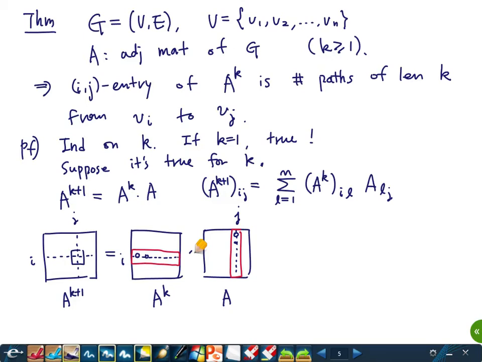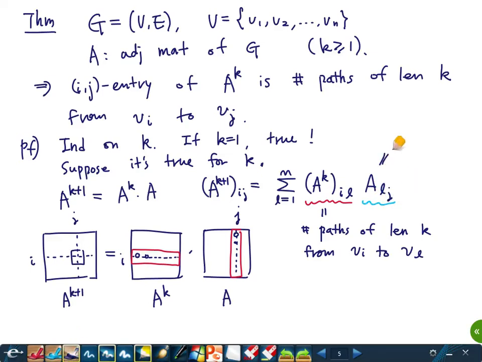All right, but what is this number, the iL entry of the matrix? This is a power of A, A to the k, and by the induction hypothesis, this is equal to the number of paths of length k from the ith vertex to the lth vertex. Okay? What about this part?